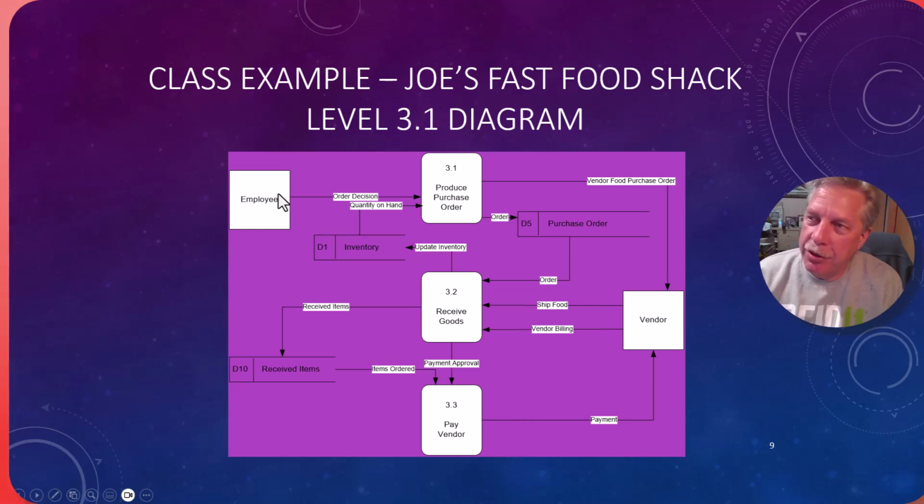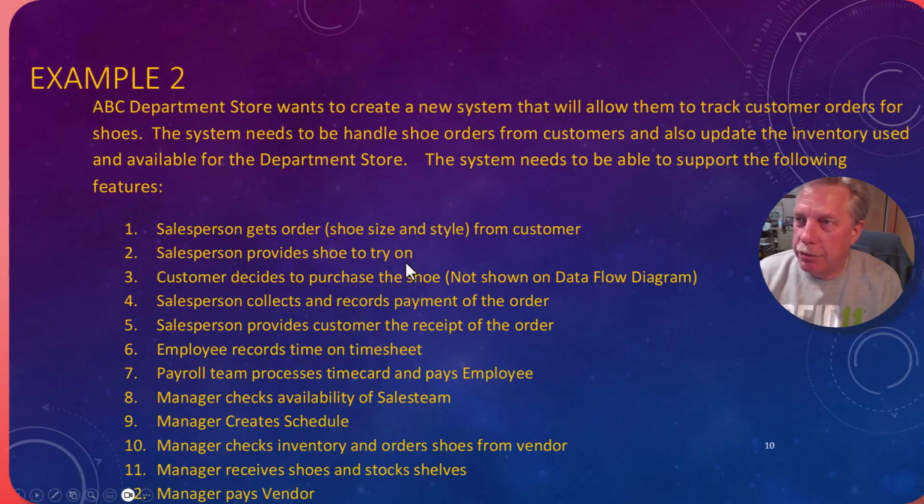And again, we have the 2 entities that we carry down from the third process, the employee and the vendor. You want to make sure that any external entities get carried forward as far as the downward diagrams. And then we have some additional data stores. And again, we have our various data flows as well.